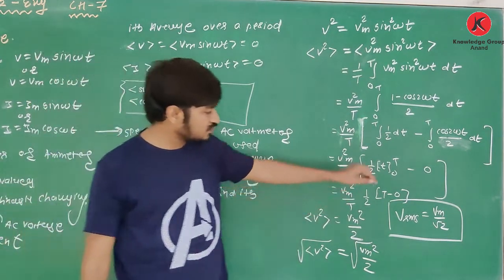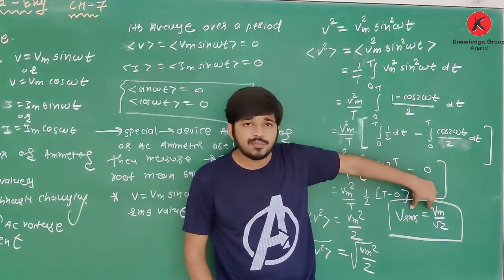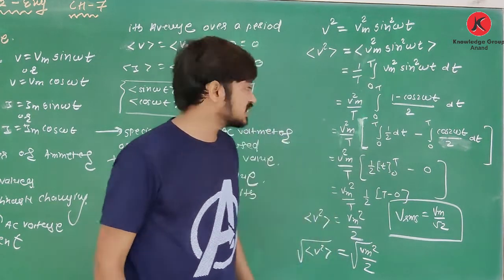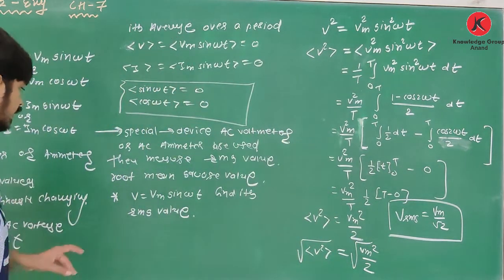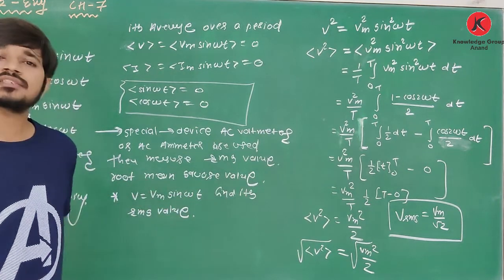See, V m is the maximum value, or we can say the amplitude of voltage, and this is its RMS value. So it is the relation between maximum value and RMS value. Similarly, if you are given V is equal to V m cos omega t, you will get the same result.